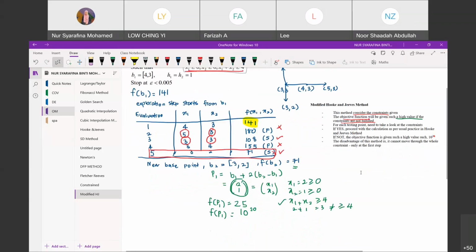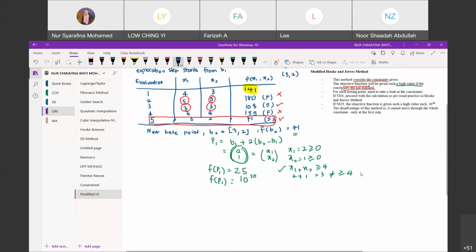Okay, so next evaluation, we explore from P1 and FP1 equals to 10 to the power of 30. So our next evaluation should start at what? What is our next point?